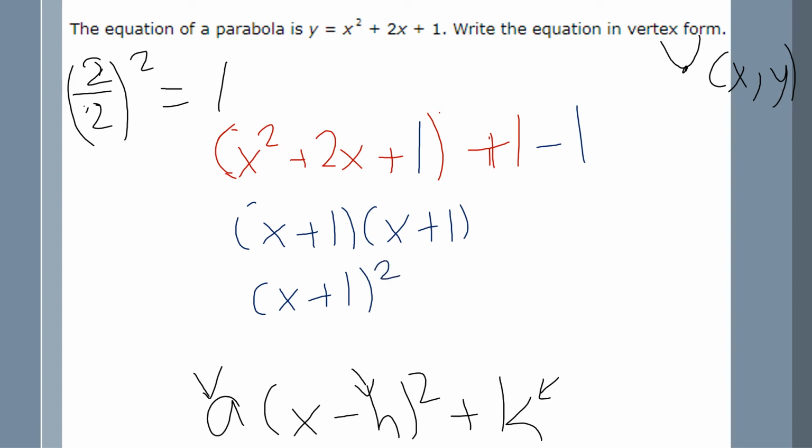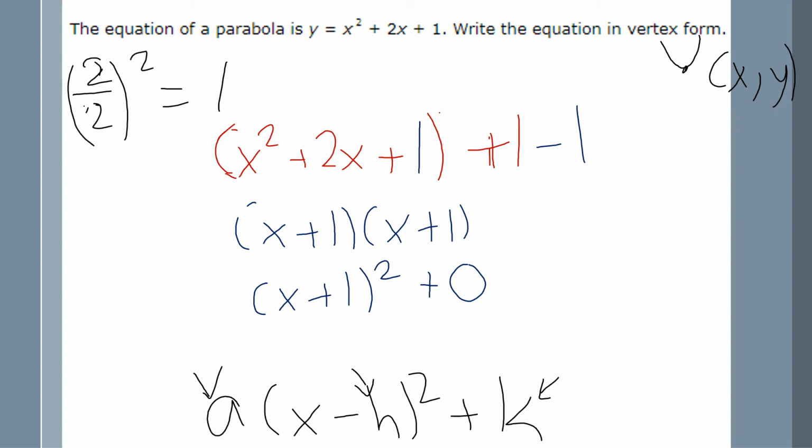And then 1 minus 1 is just 0, so you could just say plus 0. Alright? That is essentially how you complete the square in this case and get that vertex form.